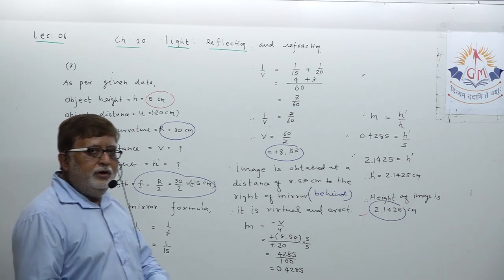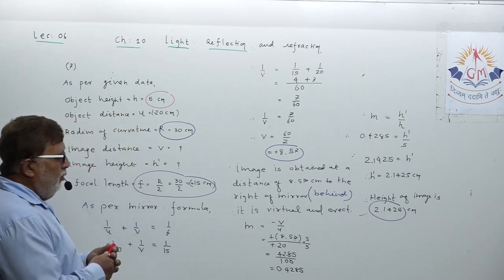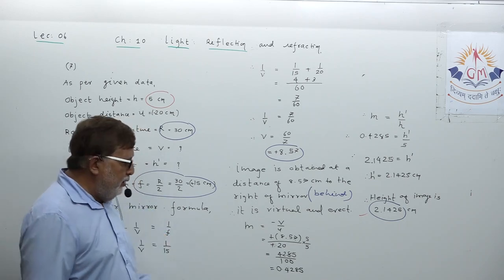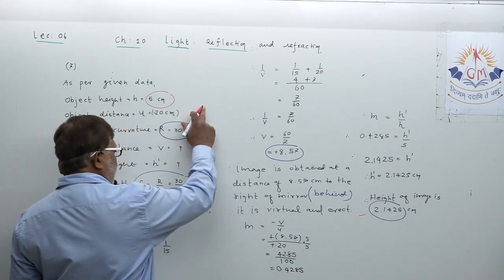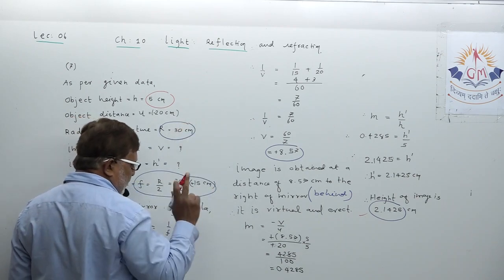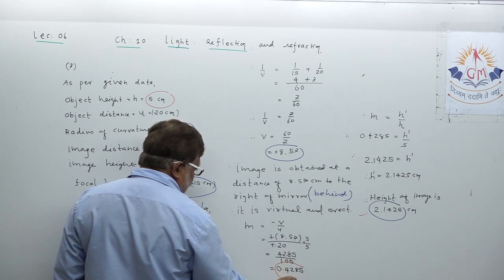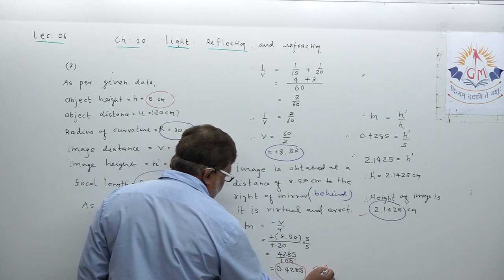If you stop in exam, whether you are going in the correct way or not, always remember one thing, that whenever you deal with any example of convex mirror, the value of m you will get not only positive but always less than 1.